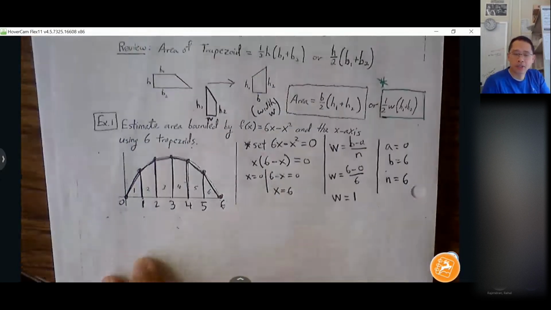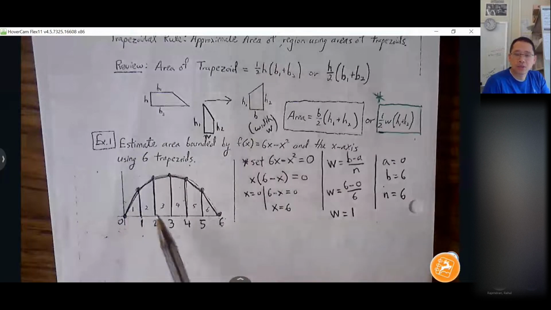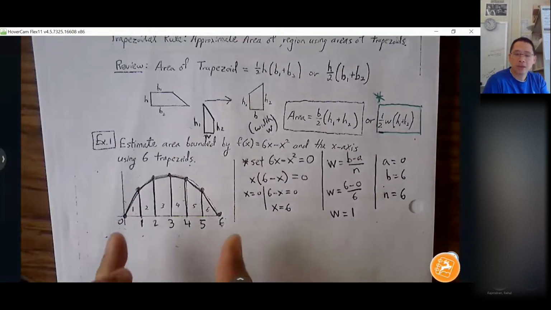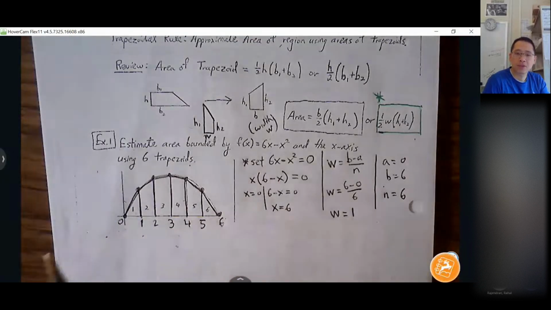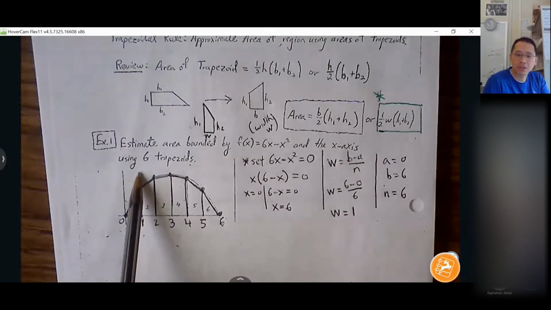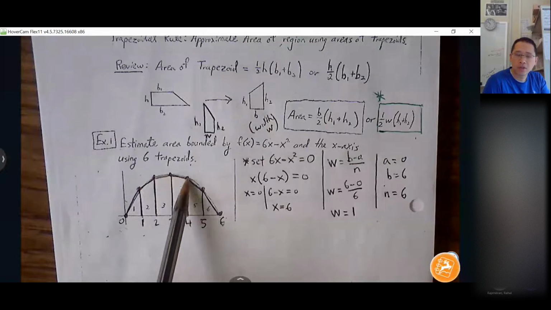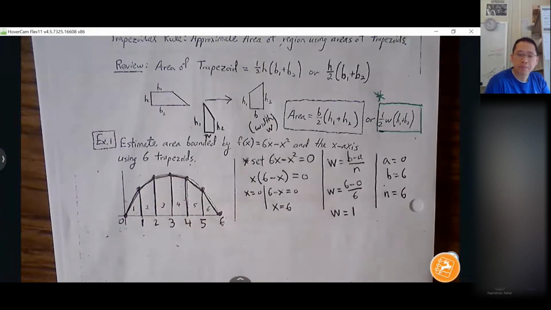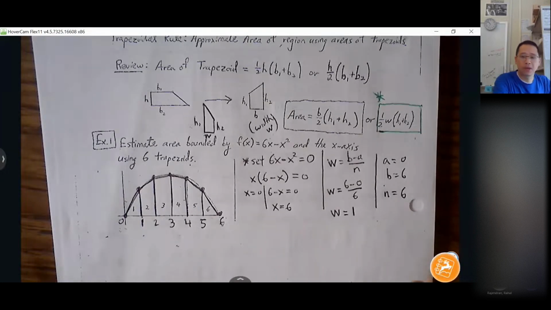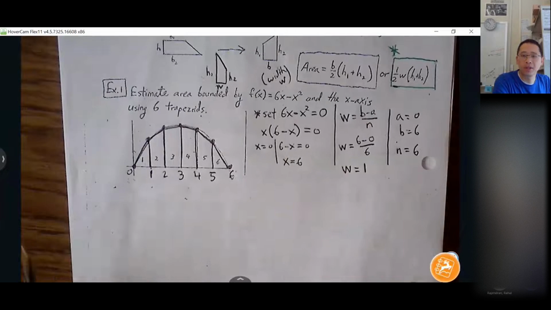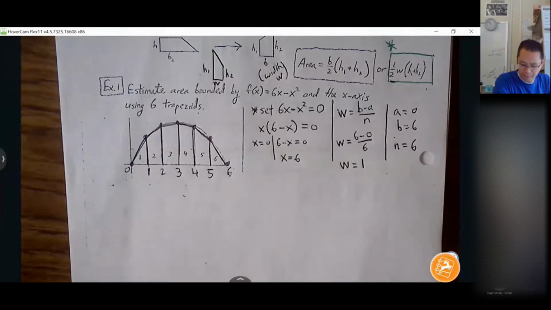So I just want to make sure that you see visually that trapezoids have a much better time approximating a region than rectangles do, right? Rectangles, you're going to have much larger gaps either above or below the curve that you're not going to experience with trapezoids. Okay, so that's one big thing I want us to recognize from a visual perspective.